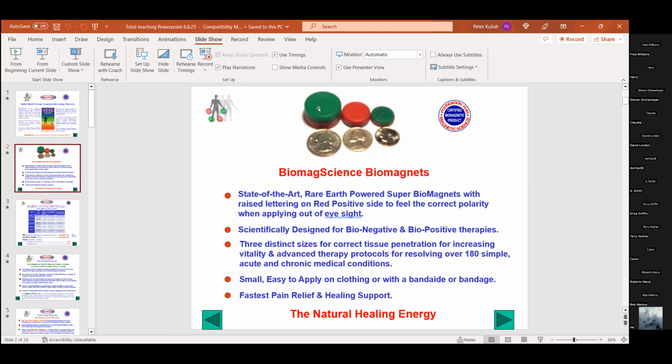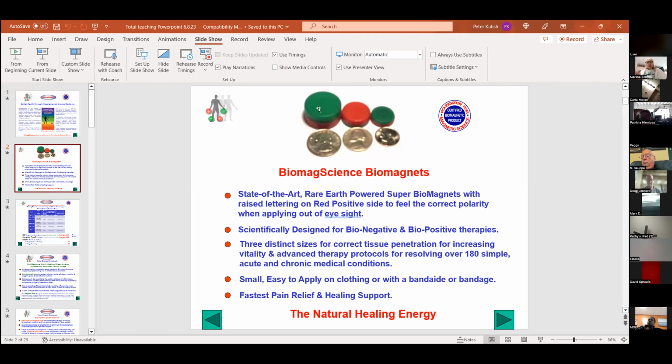What we did is the green side is flat. The red side has raised letters so that you can feel them, in case you have to put them on the back of your neck or on your back or something like that. You can feel the positive side, because the negative is generally used to overcome inflammation.